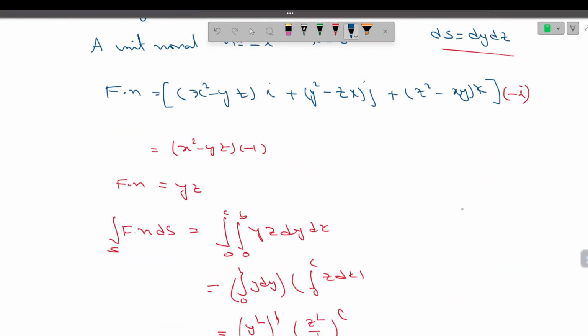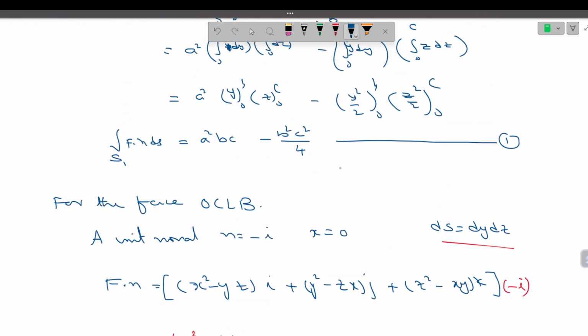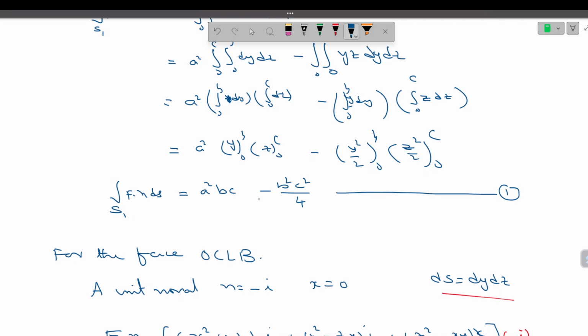Integration taken over the surface 1: a square bc minus b square c square by 4.